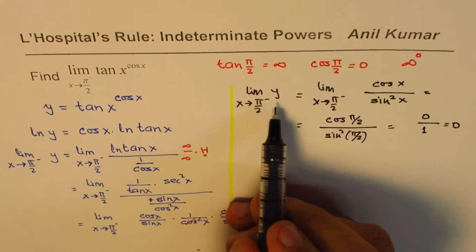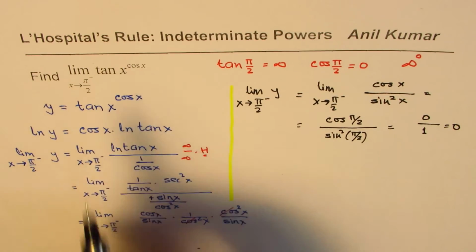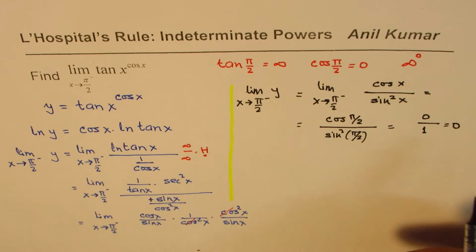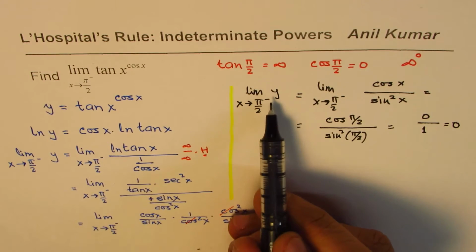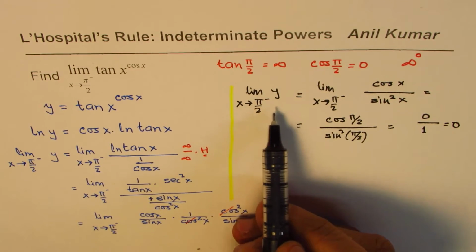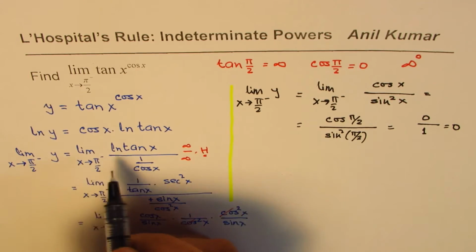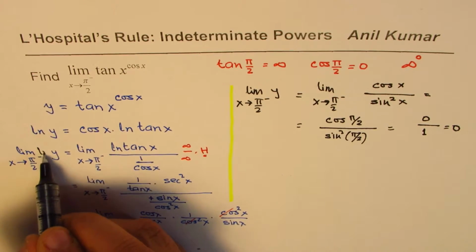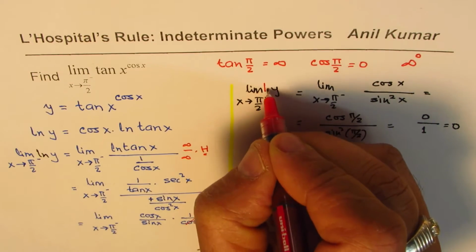So from here, what is y for us? y is tan x to the power of cos x. Now actually, let me show you different ways of doing it. One, you could directly write from here that limit for, I'm sorry, it was ln y, I missed ln. Let me correct it: limit of ln y.